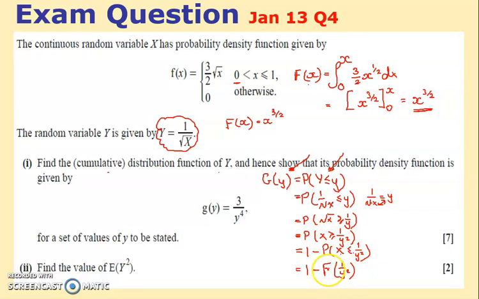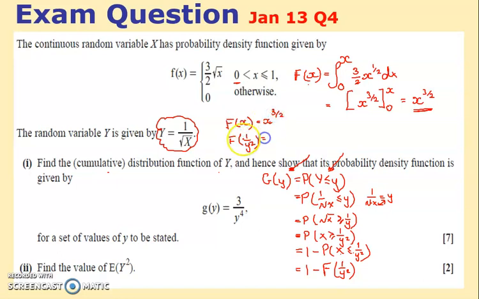What is F when I substitute 1 over y squared into it? Well, I suppose I can just do this up here. Imagine I said F of, well, I know F of x is this, so imagine instead I put 1 over y squared in. Now when I put x in, I do x to the 3 over 2.